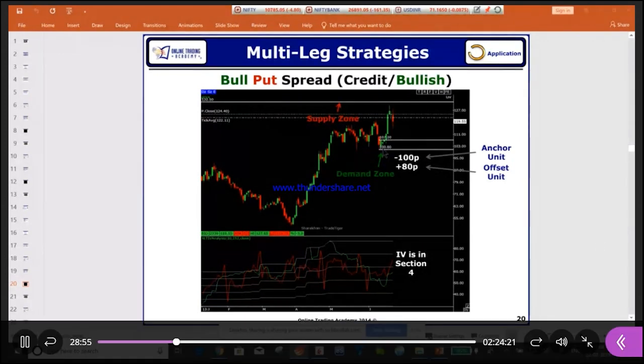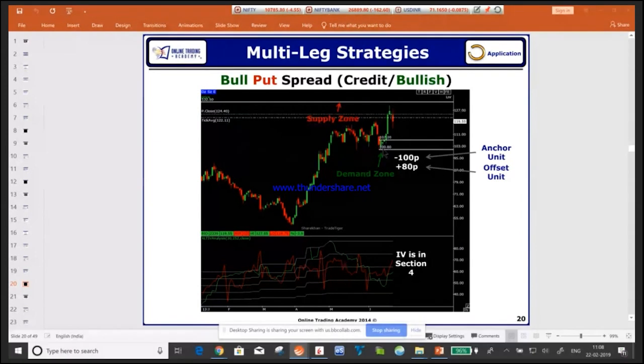So you're saying that instead of doing short put in section 5, can I do bull put in section 5? Correct? Yes, you can. But your rewards will be a little lesser. But that's a trade-off.